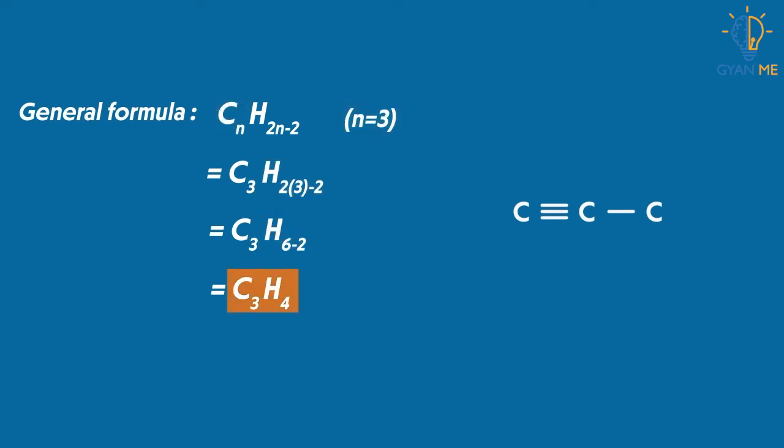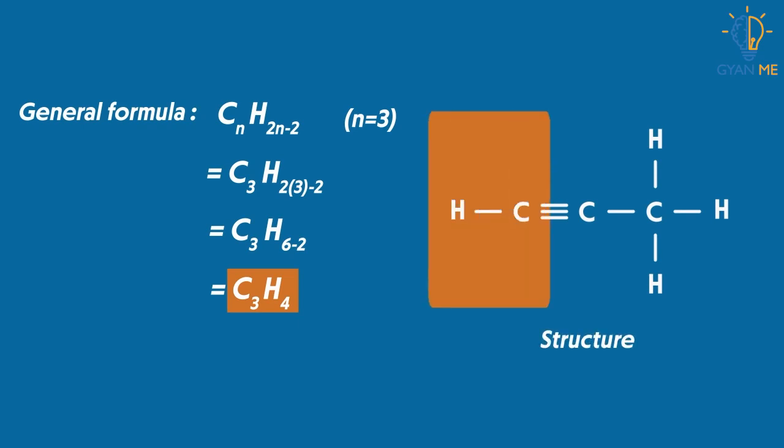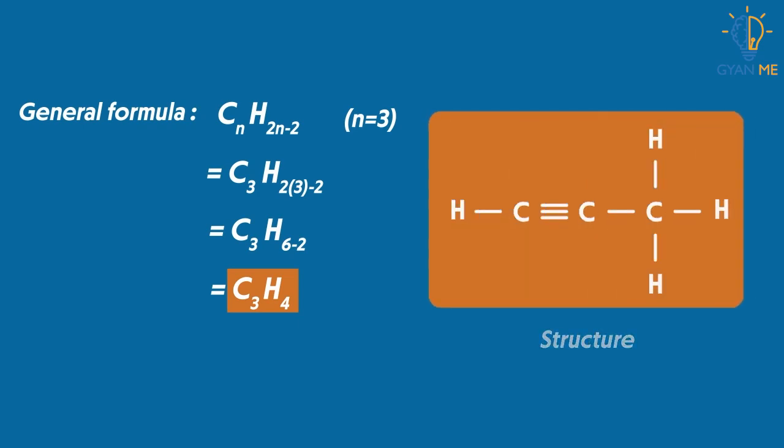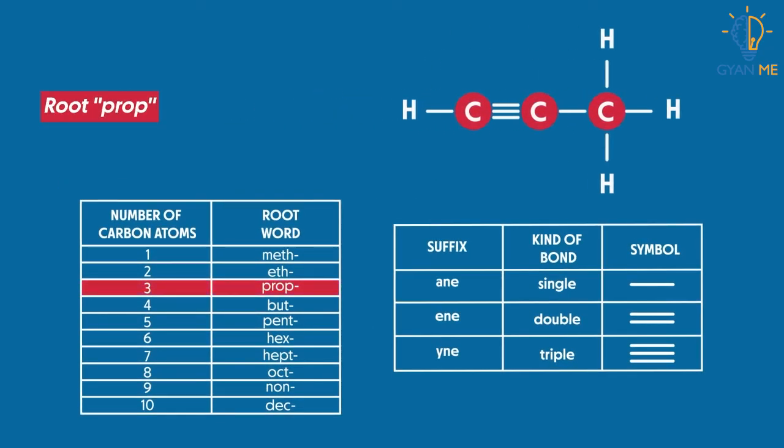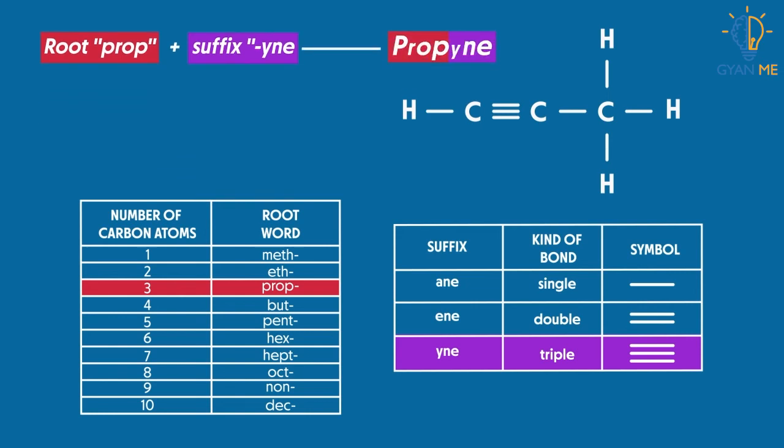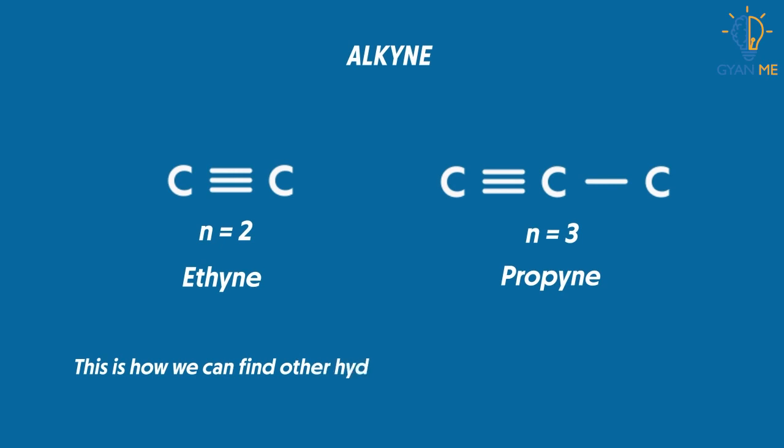Thus, its formula will be C3H4, and its structure can be expressed like this. Since this compound has 3 carbons, the root in its name will be prop and suffix -yne, as it is a member of the alkyne group. Thus, the name of this compound will become propyne. And this is how we can find other hydrocarbons of the alkyne group as well.